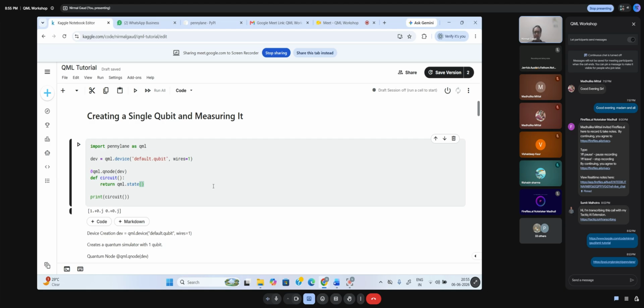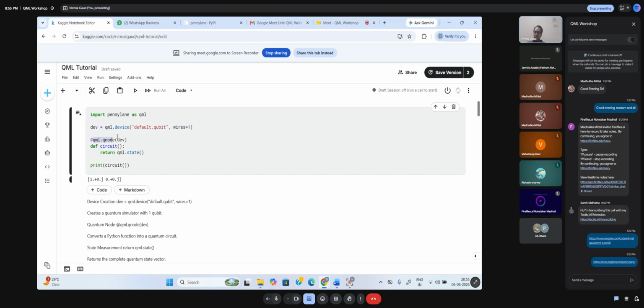A very simple code. We import PennyLane as qml and take a quantum device with only one wire. Then you create a quantum node, define the state, and run the circuit.